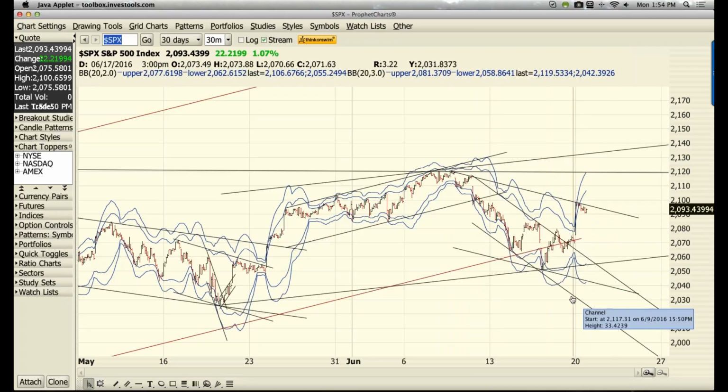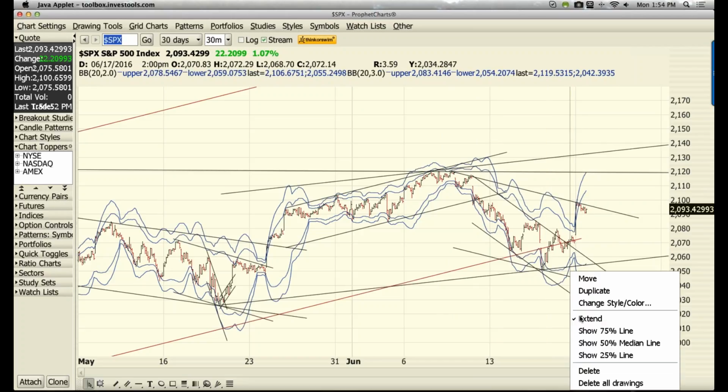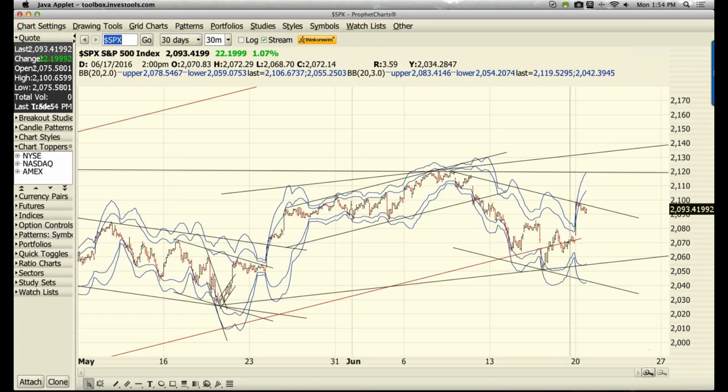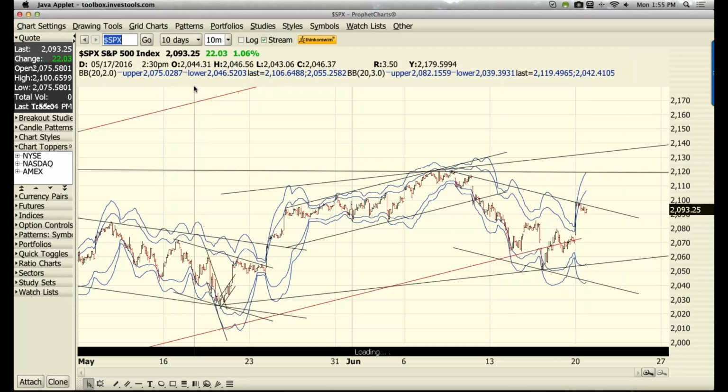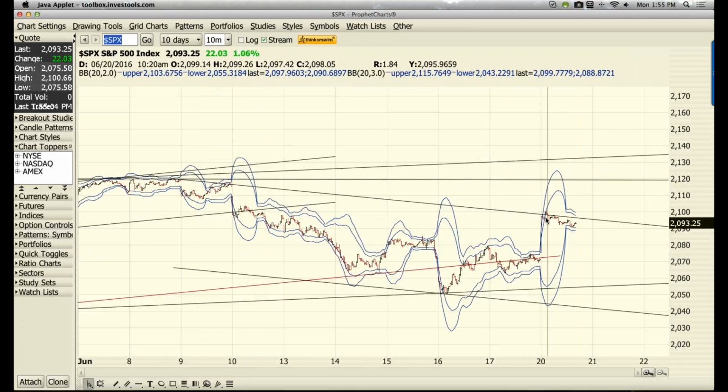So just to make it a little less confusing, I'm going to get rid of this more steeply declining pattern. And it looks to me like we could possibly be in this declining pattern. Now, when you zoom in and you look at a 10-day, 10-minute chart, you can see where we hit that natural level of resistance. And I can fine tune this a little bit, make sure I nudge that right up to that resistance.